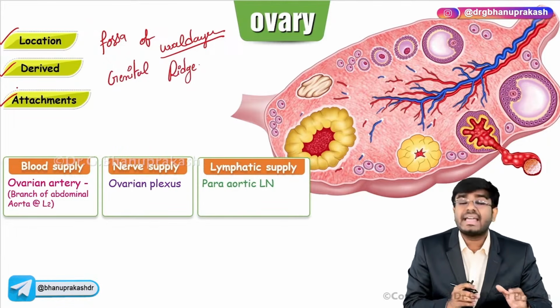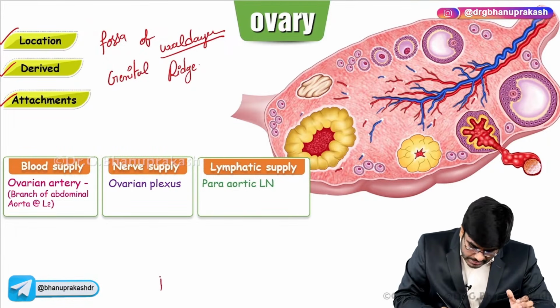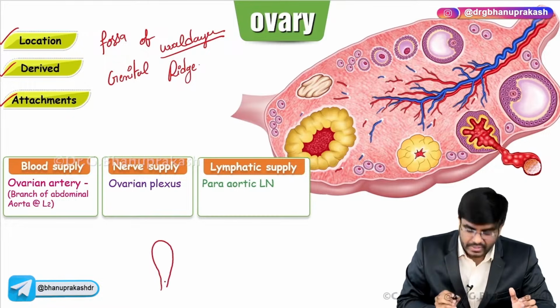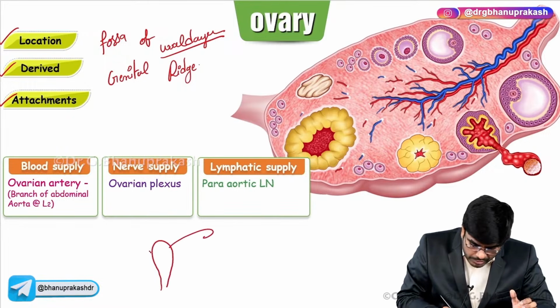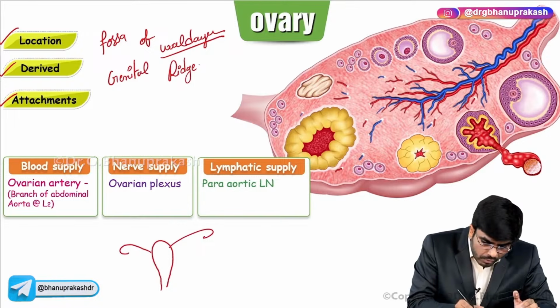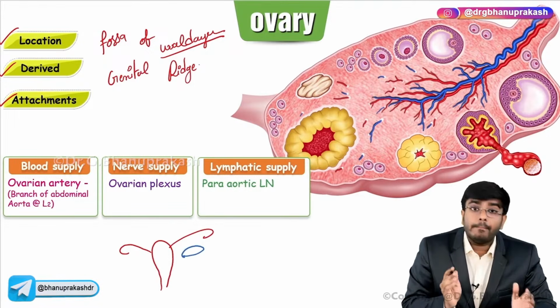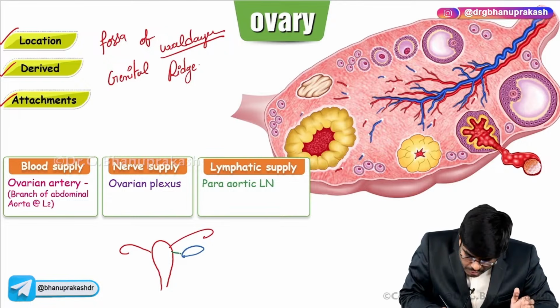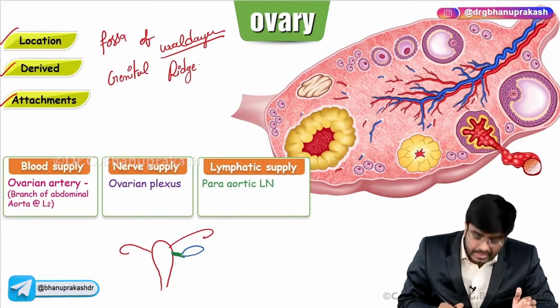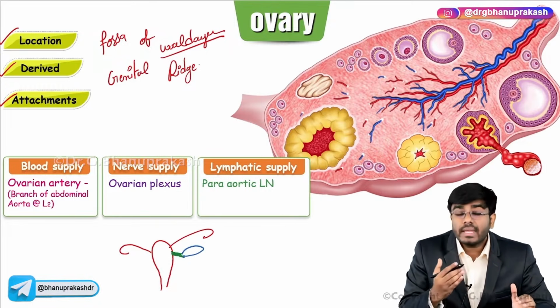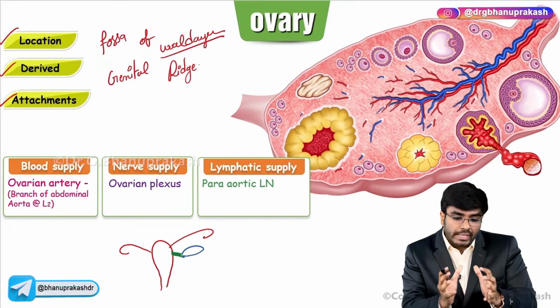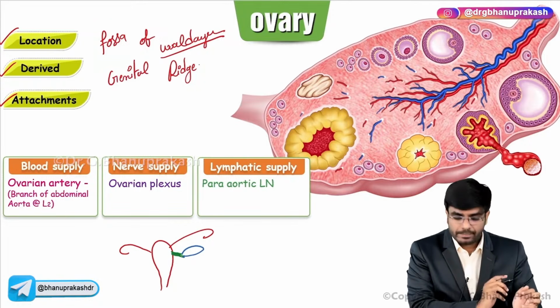And ovarian attachments. Please concentrate: if this is a uterus, for example, here are the fallopian tubes, and our ovary is present somewhere over here. Ovaries medially are attached to the uterus with the help of the ovarian ligament. This green color structure is the ovarian ligament which is attaching the ovary to the uterus medially.